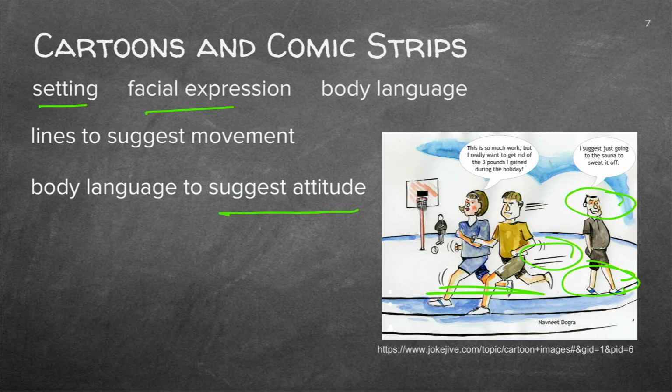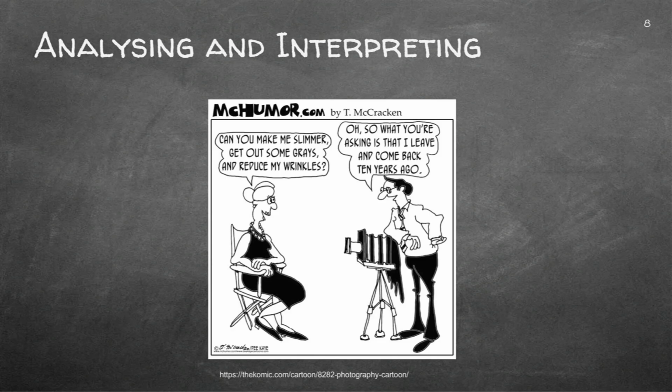Suggesting attitude then. Here also we can see, once again, if you want to go and examine that by yourself, where the lady says to the photographer, can you make me slimmer, get rid of some grays and reduce my wrinkles? Look at what she says and how that supports the fact that this lady is not too young anymore. But look how she virtually flirts with the man.